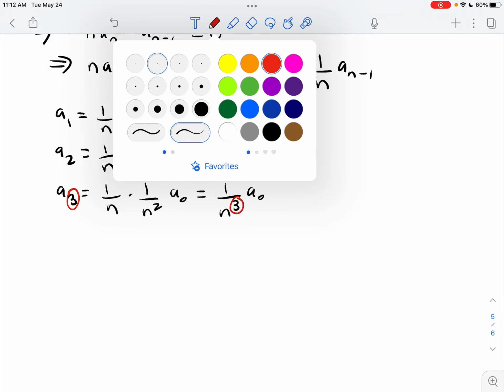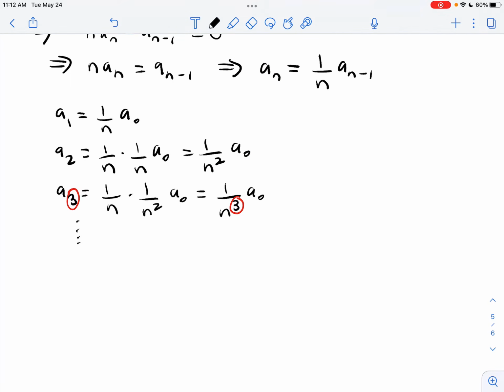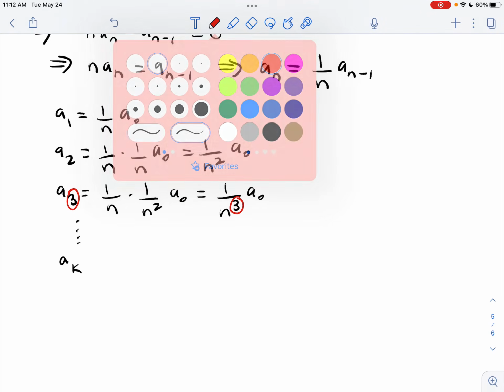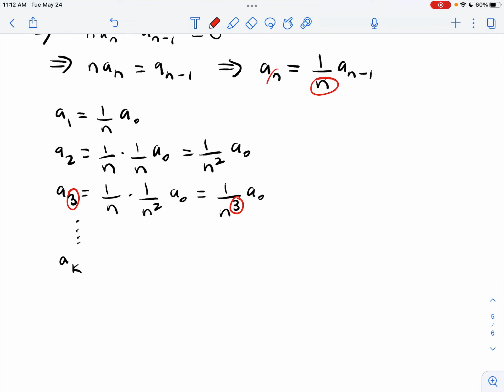Oh, I'm sorry, I made a little mistake here. Remember that n is not a dummy variable here; n corresponds to which coefficient we're talking about. Let me do this again.